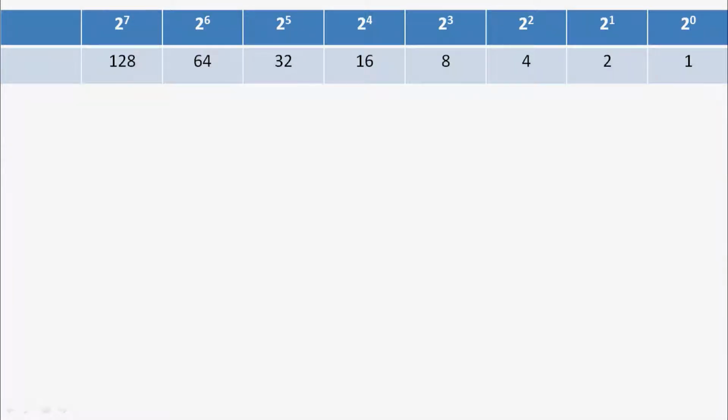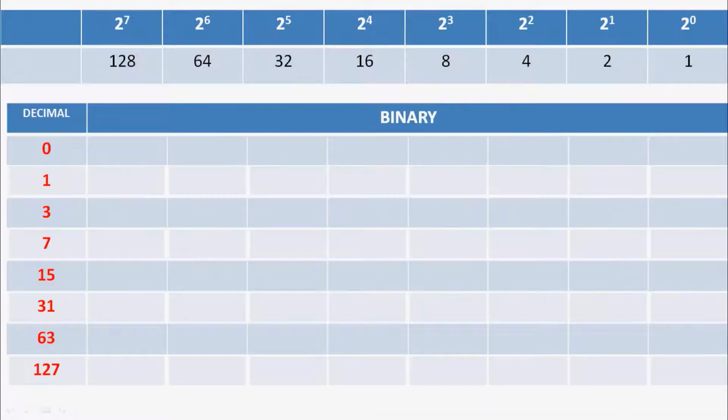We will see some more decimal number conversions which we often use with the IP address. Yes, we will see these numbers 0, 1, 3, 7, 15, 31, 63, 127. What is the speciality of these numbers?